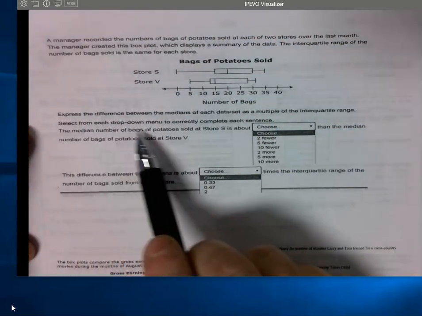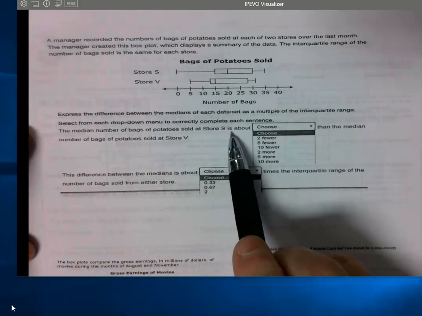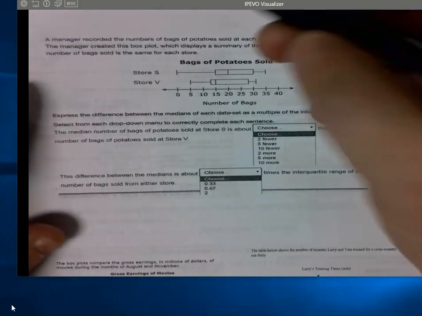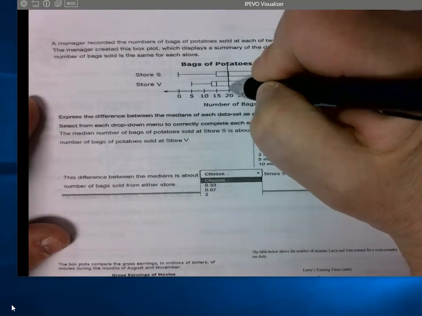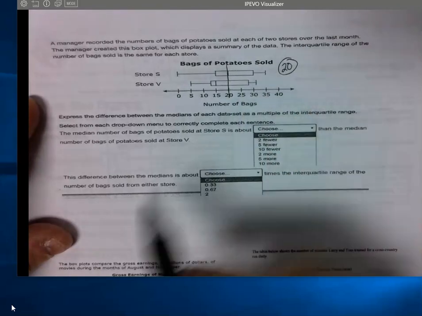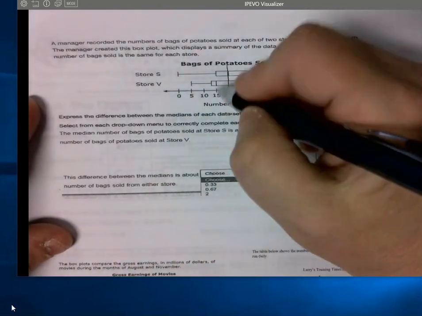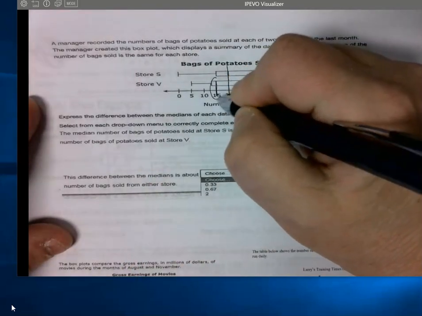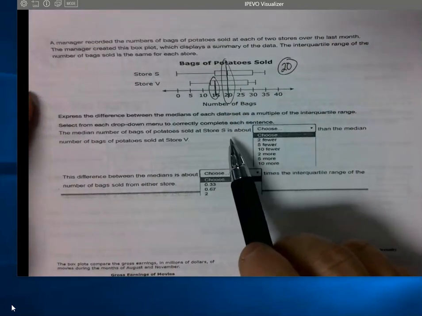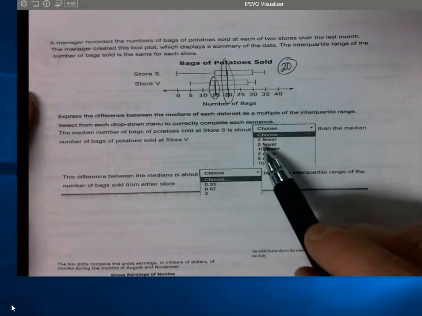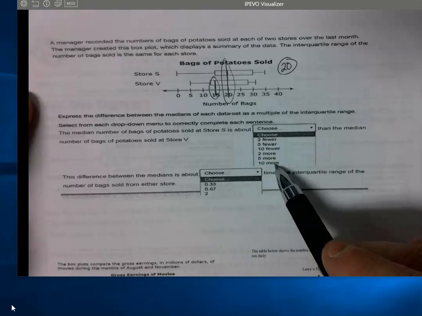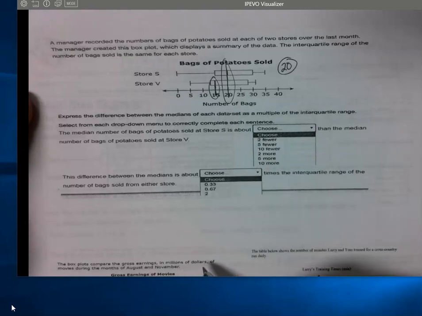The median number of bags sold at store S. So we need to find the median. So we know the median right here is 20. And we know that the median for store V is at 15. All right, so is store S fewer or more than store V?